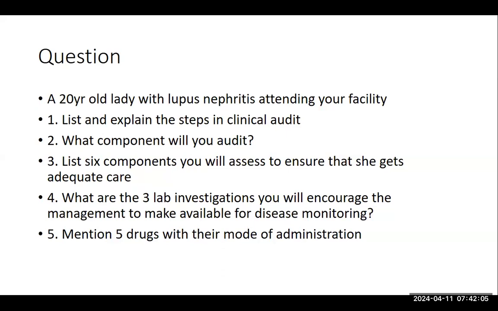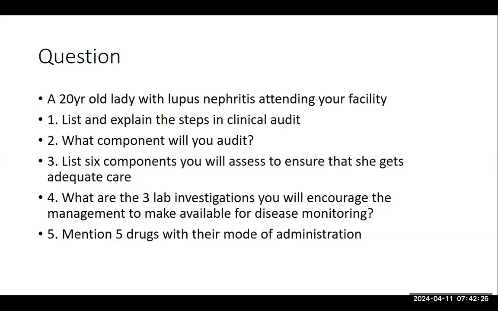It's always easier for rare things to look at structure. Do you have the manpower? Do you have the materials? Do you have the money? It'd be easier to audit structure here.